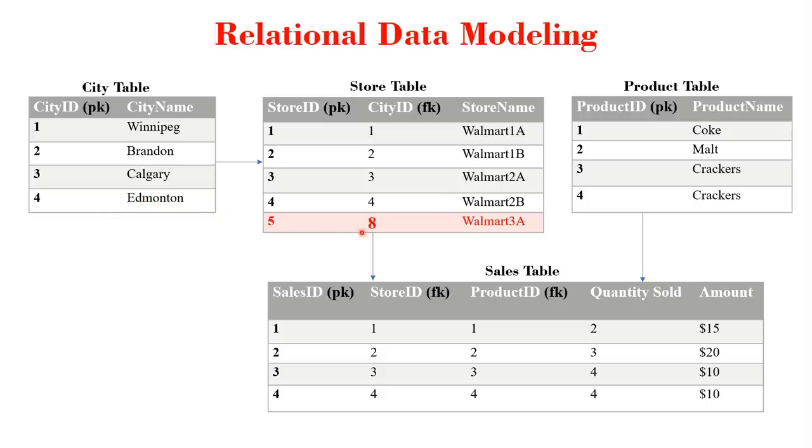So this is going to throw an error if you try to enter such data in the store table. 8 as the city ID has to be listed first in the city table before it can be added to the store table. The only time you can be able to do that is if there is no relationship between these two tables. But to ensure that accurate data is being stored in our database, it is always advisable to have a relationship between these two tables.